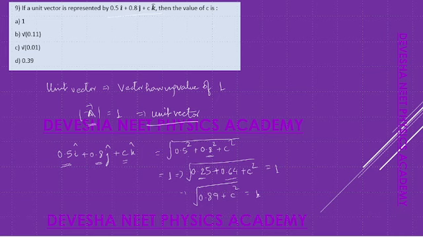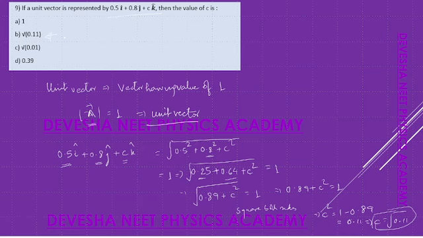Now if we square both the sides, c squared is equal to 1 minus 0.89, which is 0.11. It means c is equal to the root of 0.11. So this will be the answer. The answer is given here, the second one.